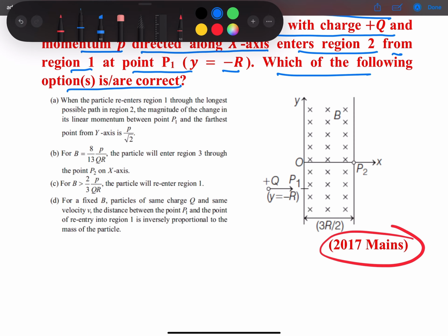So we are given this figure, and it says that plus q enters at a point P1, and the coordinate is given as y is equal to minus r, and the magnetic field is pointing in the downward direction. So first of all, we are going to find out which of these options is the correct one. So here, as soon as it enters the magnetic field, this positive charge is going to follow a circular path.